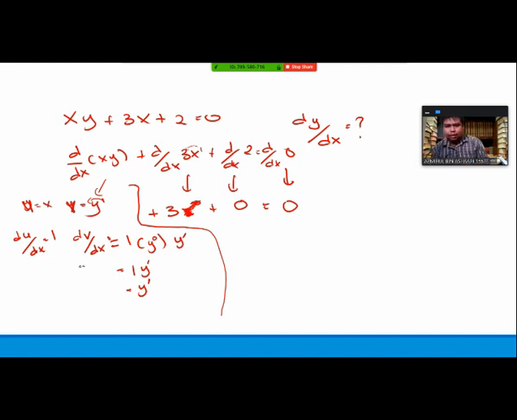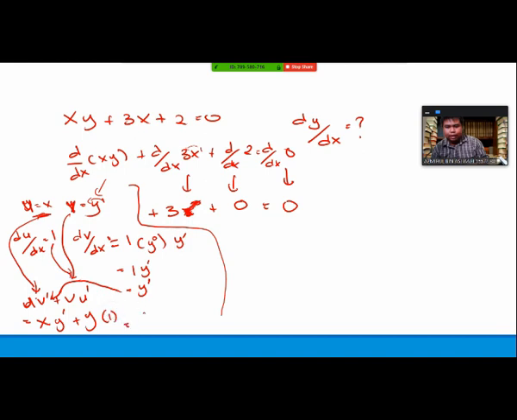Next, the formula that we use is u v prime plus v u prime. In this case, u is x, right? U is x. Okay, v prime, dv per dx, v prime is this one, y prime, and v is y, and u prime is 1.